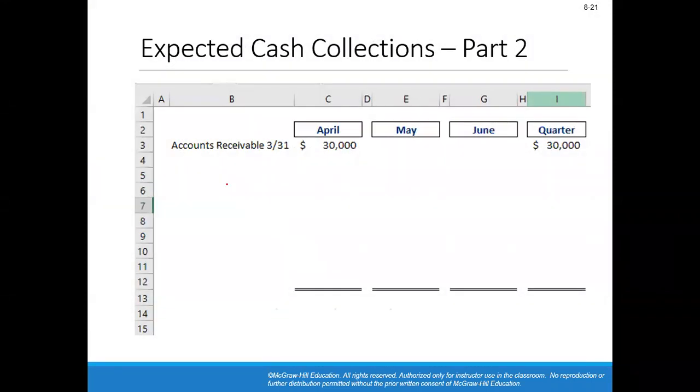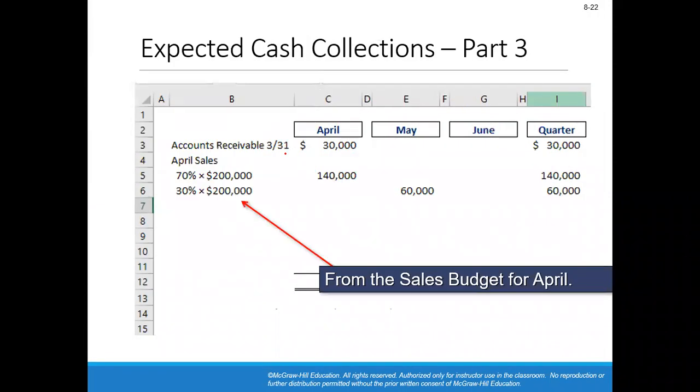So you see, if we complete, as I was saying, you have collected accounts receivable of how much? 30,000. It is from the previous month. Now you have collected 140,000 from where? From the sales of April, which is 200,000, but 70%, and 30% will be collected in the month following the month of sale.